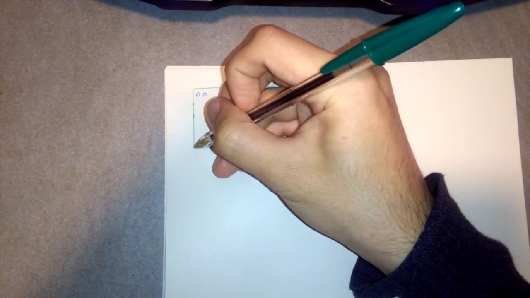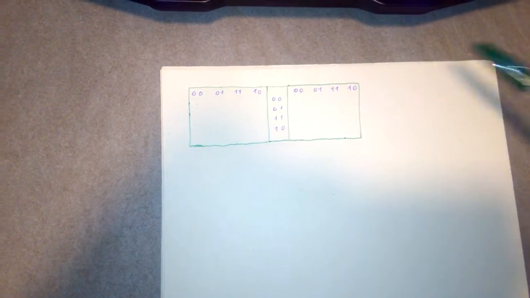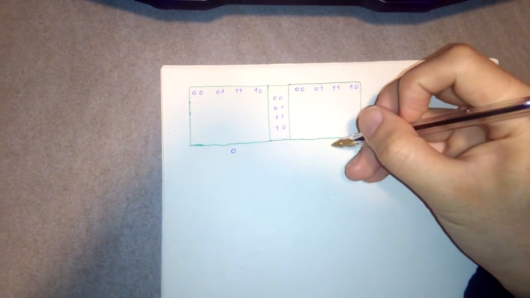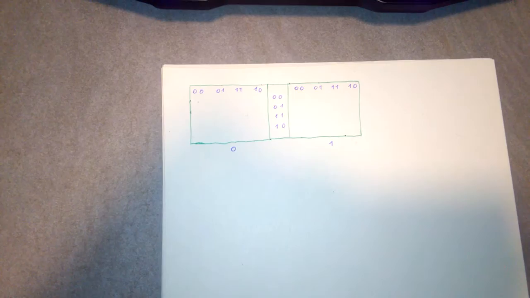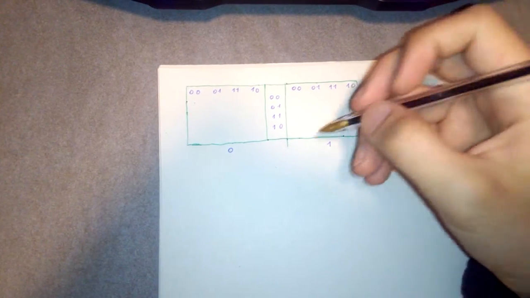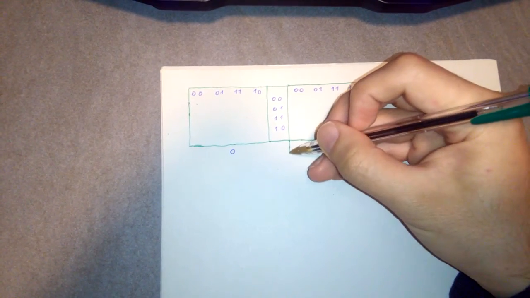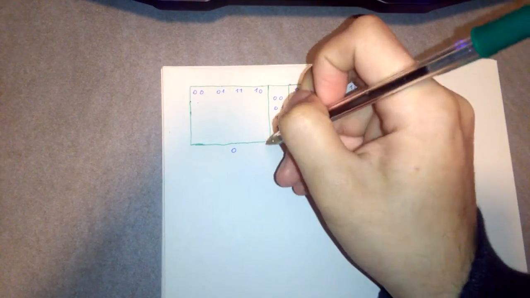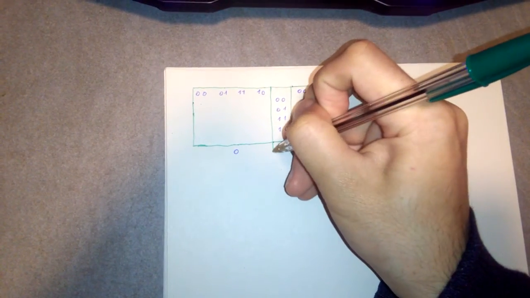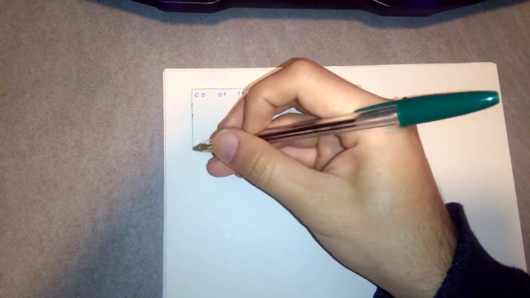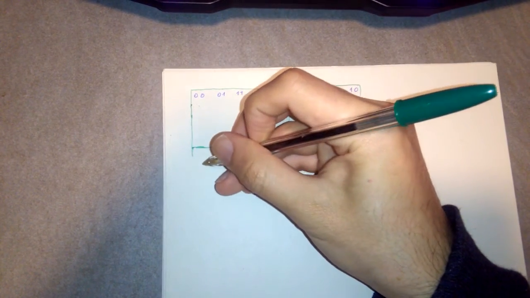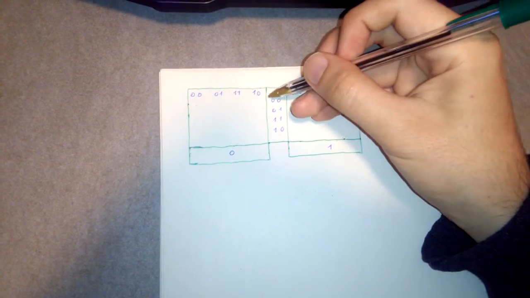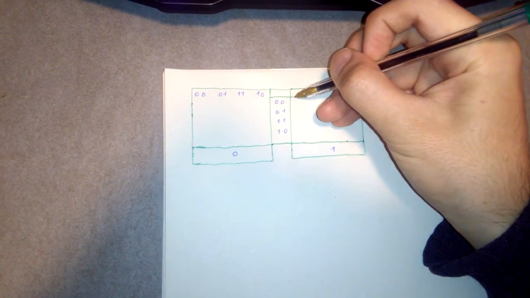And here like this. And we do have 0 and 1 for our other entry, which is E. Like so. Right.